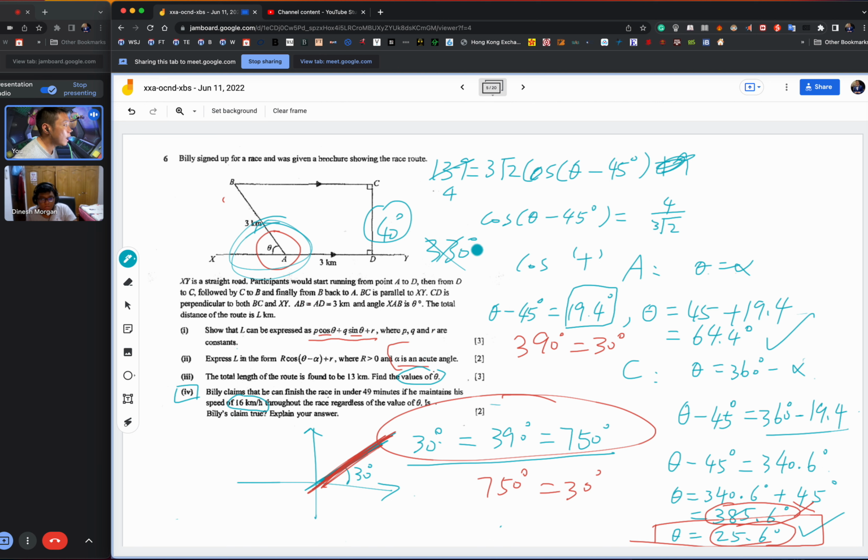Don't. You either plus 360 degree or minus 360 degree. See if you have any answer that can fit the angle here. And over here, 25.6 degree fits this question, and it fits this acute angle theta.